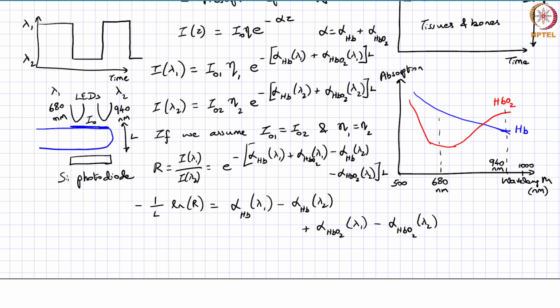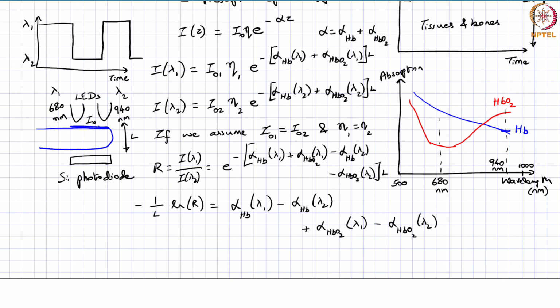Once you make this measurement, and if you know these values of alpha Hb at lambda 1, alpha Hb at lambda 2, and similarly for the oxygenated hemoglobin, then from this you can figure out the level of oxygen saturation.